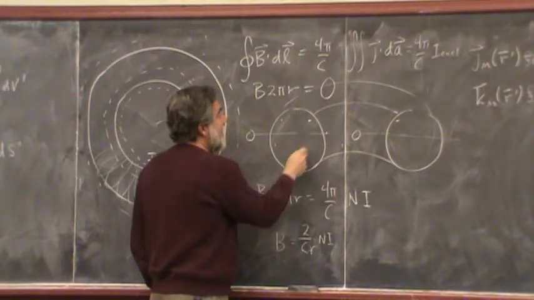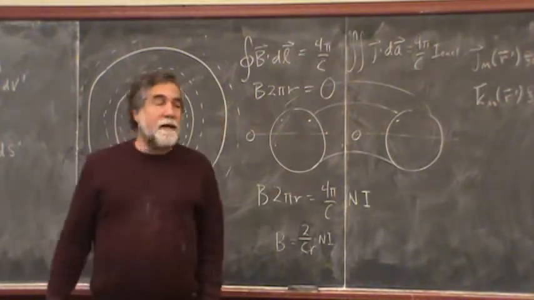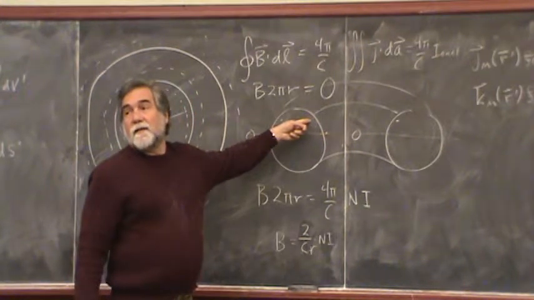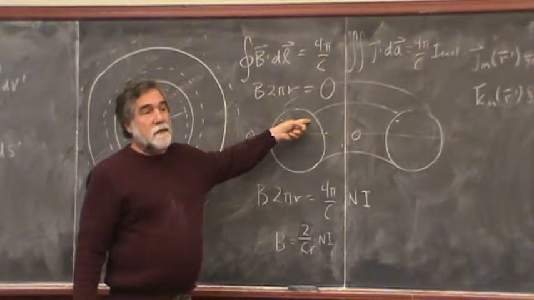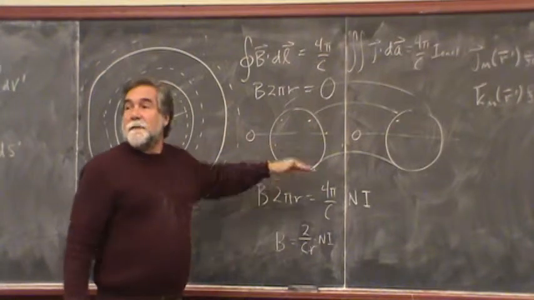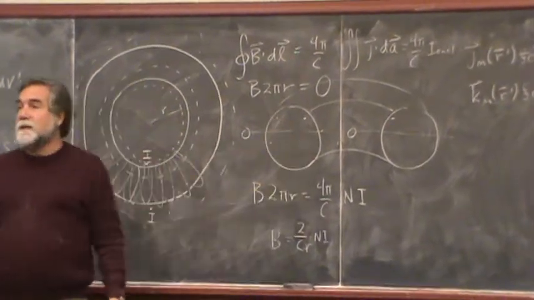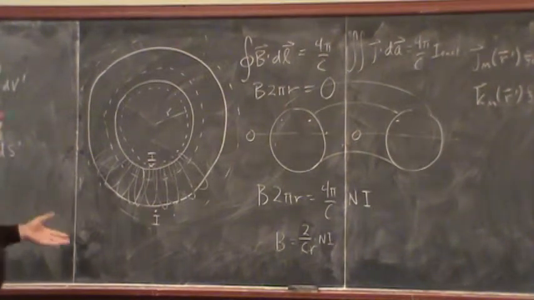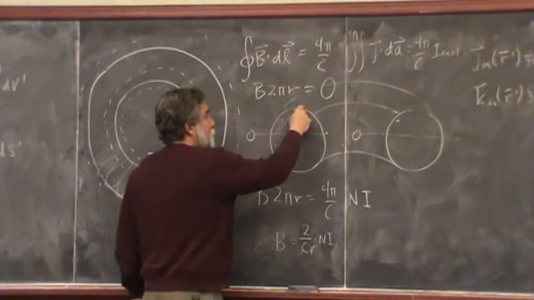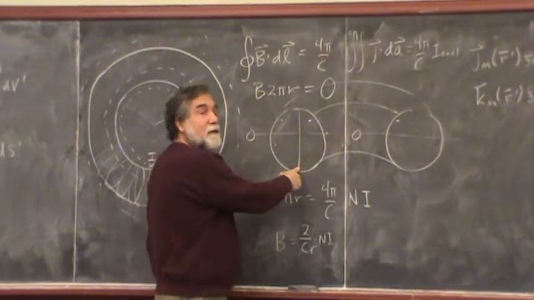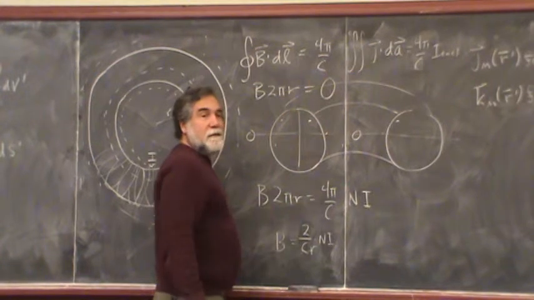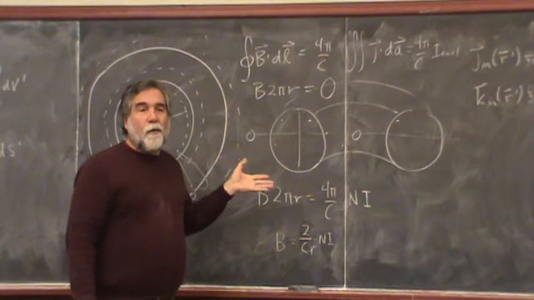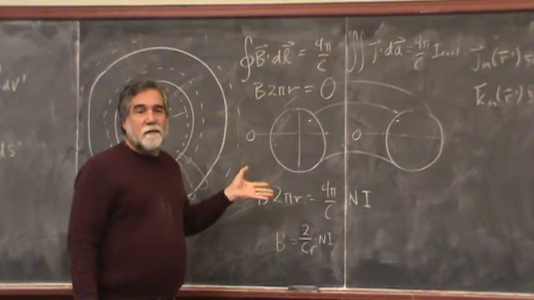Everywhere in the torus, the magnetic field is described by that, because I can always find the current that's enclosed by the loop that I just drew. So the magnetic field is independent of vertical position in the torus. I found that when I first did this, when I think the professor assigned it to us and said, find the field as a function of position here. I probably stared at it for an hour, wondering what the trick was.